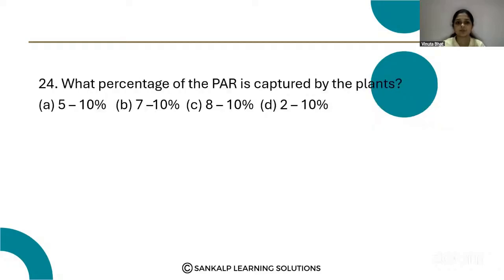Next question. What is the percentage of photosynthetically active radiation captured by the plants? So, look, solar light falls on the plants, but photosynthetically active radiation means the part which is suitable for photosynthesis, that is captured by the plants.